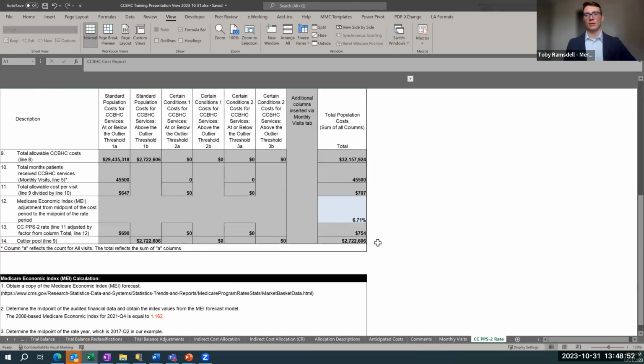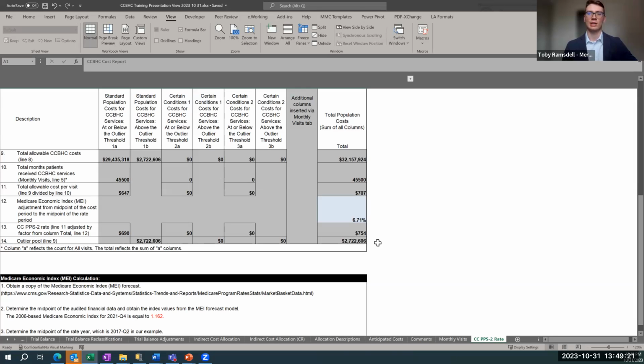So at that point, we've wrapped up our review of the CCBHC cost report. We walked through some supplemental schedules that you can use, like the working trial balance and visit enumeration. And what I want to end on here is that I cannot emphasize enough that you should make sure that all your assumptions, all your calculations, and all your allocations are thoroughly documented.